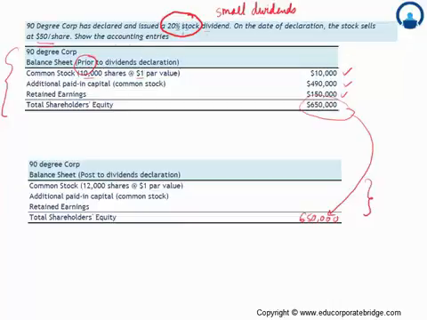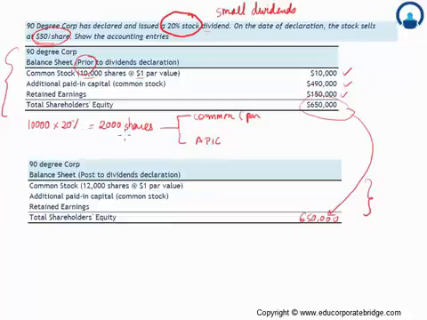A 20% stock dividend out of these 10,000 shares would mean 2,000 shares have been issued. So 2,000 shares have been issued at 50, and this will be an assumption. As we did earlier for common stocks, each share is divided into two types. One will be stated at the common or par value, and the other will be the additional paid in capital.